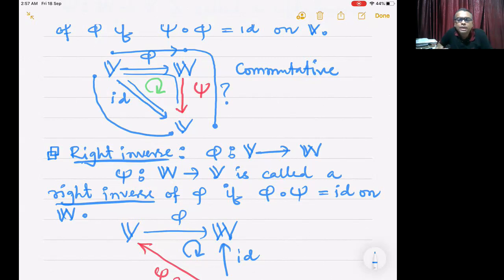It appears almost like a solvability of linear equations situation. What is surprising is the fact that a left inverse exists if and only if the map phi is injective. And similarly, a right inverse exists if and only if the map is surjective.